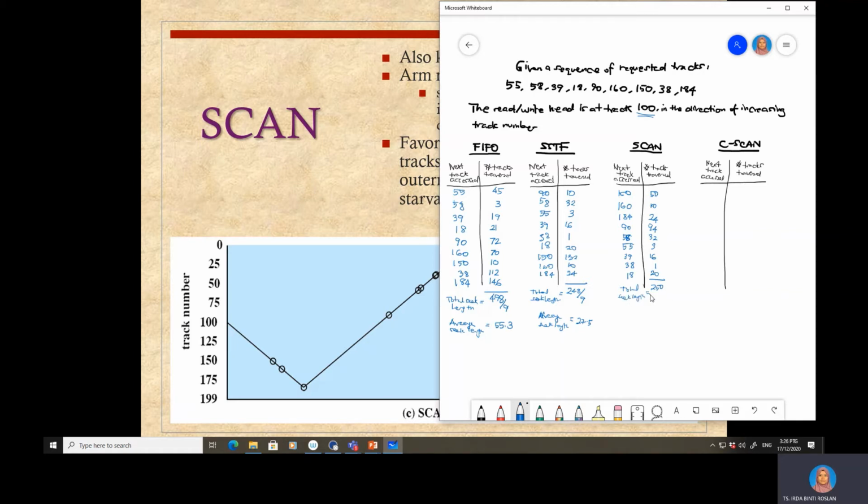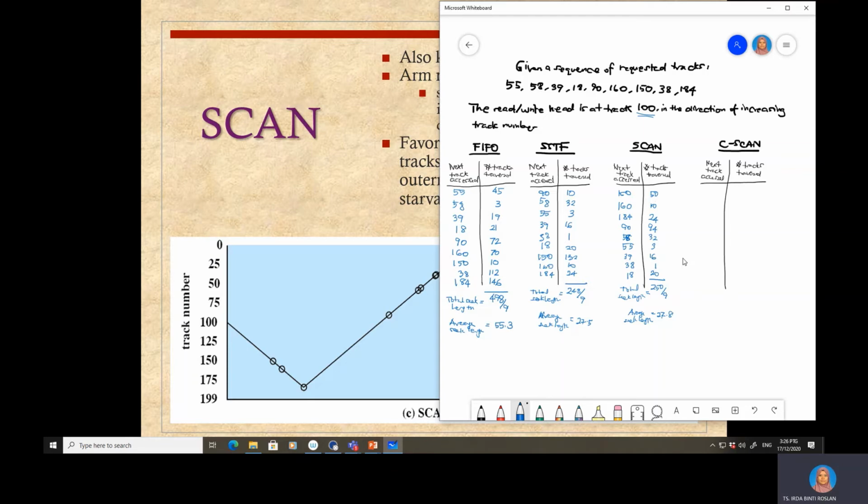And then if you want to get the average, you have to divide it by the 9 tracks. But it is not always divided by the number of tracks.